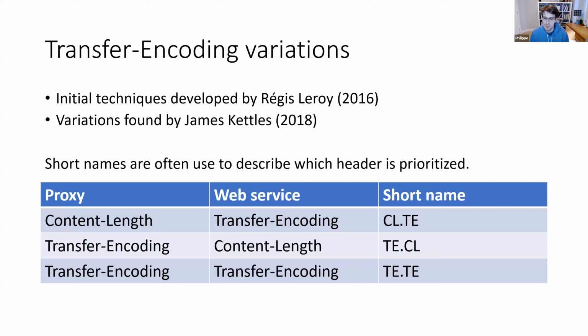The first part is always what the front-end proxy, or actually it's just proxies, sees. If you look at James Kettle's research, he often calls proxies front-end, but I think it's more correct to use proxies. But basically, the first part is what the proxy will evaluate, and the second part is what the backend sees.